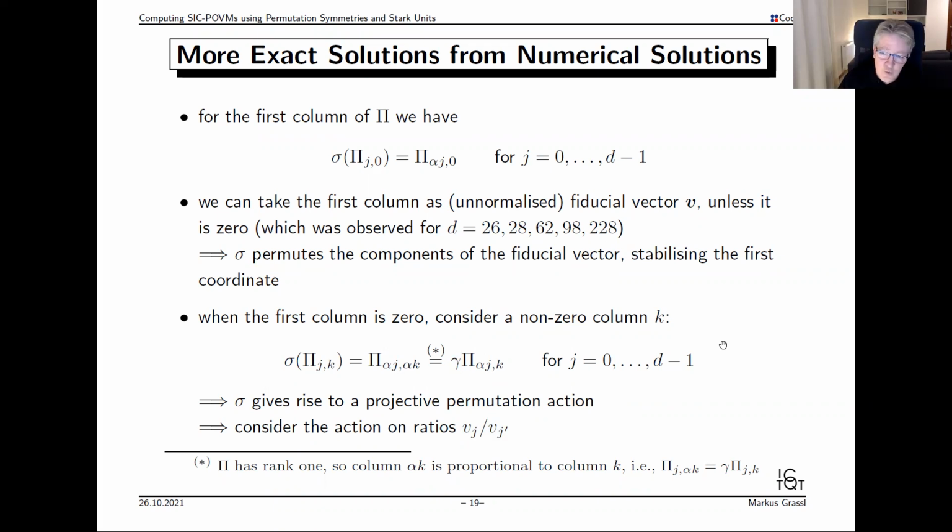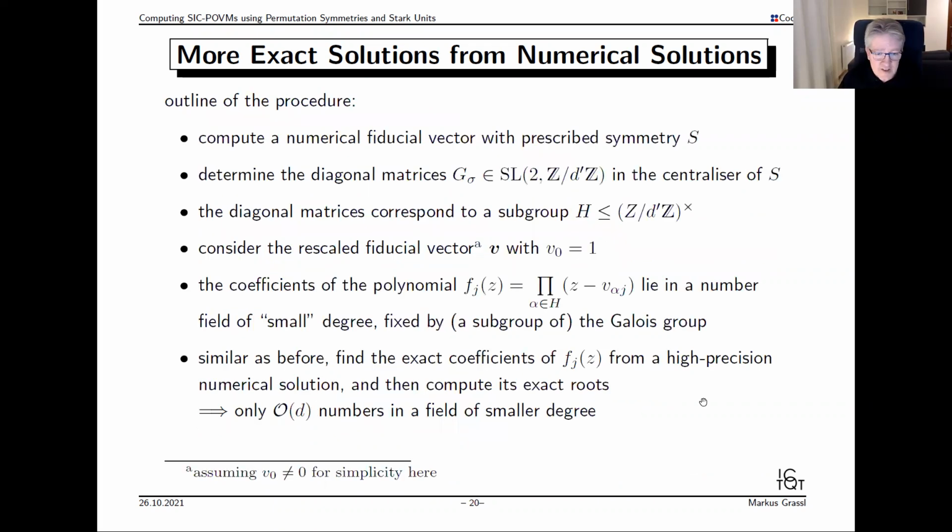For the moment, let's assume that we have our first coordinate, which means that the first column of the projection operator is non-zero. So how does the computation work? We still have to compute a numerical fiducial vector, and we now prescribe a particular symmetry. We pick this symmetry in a way that we have diagonal matrices in the centralizer, since the centralizer are the matrices which give rise to our Galois action.